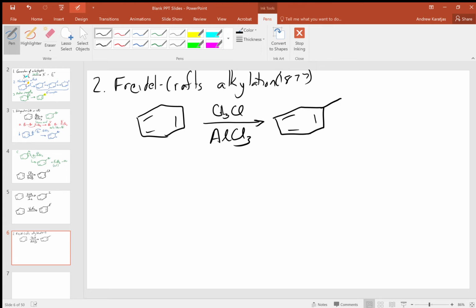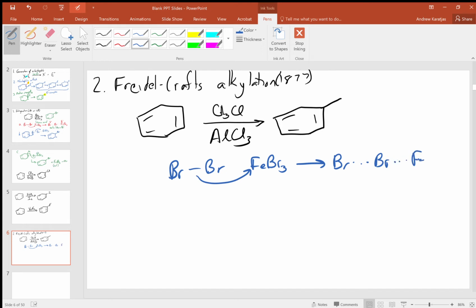So how does this work mechanistically, and why do I say it's so similar to halogenation? Well, if you recall with halogenation, the first step was that the Br2 attacked the Lewis acid FeBr3, to give us this intermediate with the partial negative on the metal and the partial positive on the bromine.